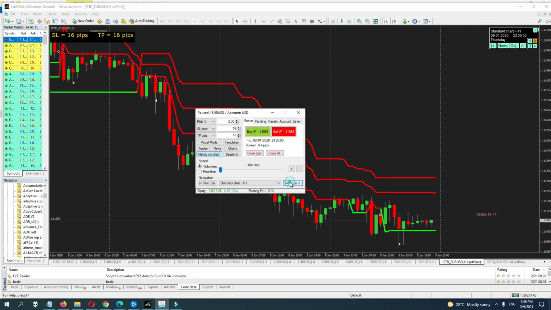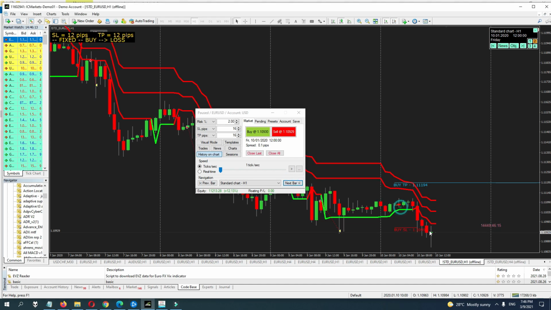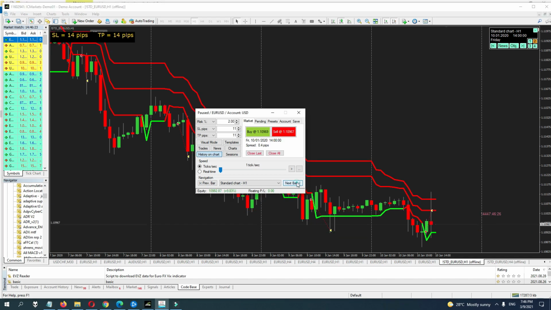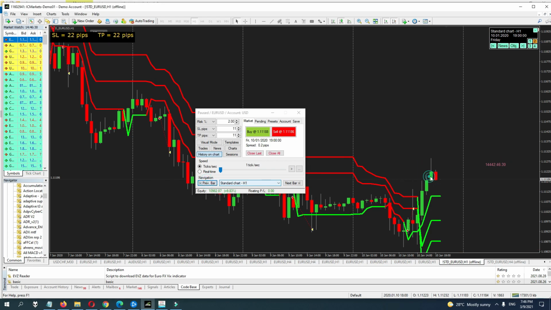We got that one. It's a doji, but we'll take it. Ideally, you want the candle to have a body, but take it anyway. We enter here.